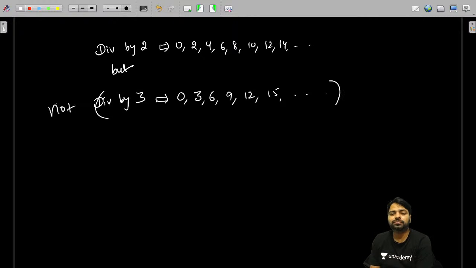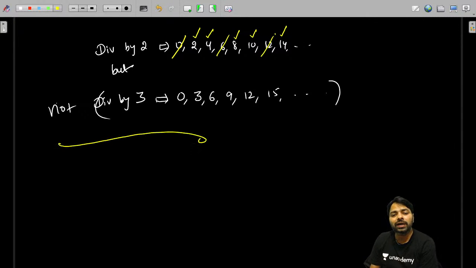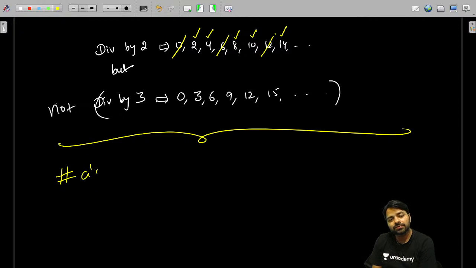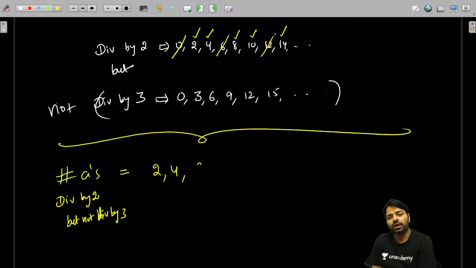So 0 we don't get because it is deleted, 2 we get and 4 we get, 6 will be deleted because it is divisible by 3, and 8 we will get, 10 we will get, 12 we don't get and 14 we will get. So what will you get in the result? The number of A's that satisfy divisible by 2 but not divisible by 3 is 2, 4, 8, 10, then 14, then 16.